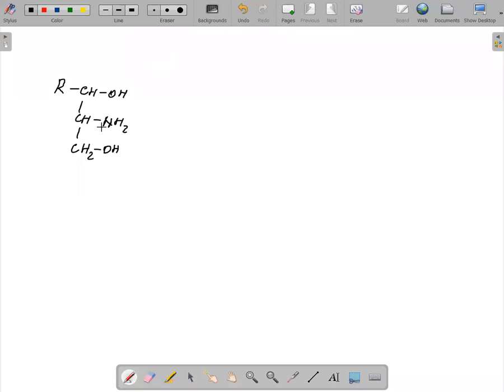But as it has two chiral centers, of course, it has special configuration. So let's add a fatty acid, oleic.